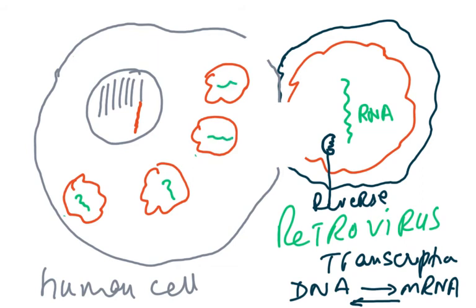And finally, this cell is going to rupture, and these virus particles are going to be released. So this is how a virus reproduces inside a human host cell.